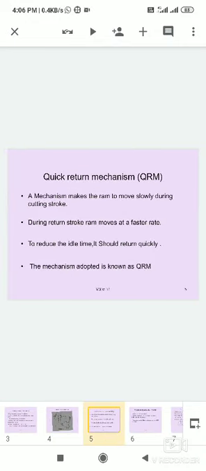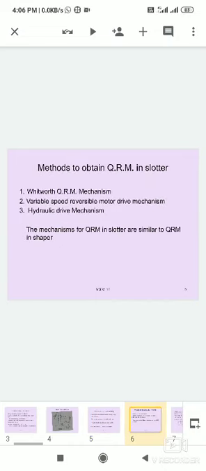In a quick return mechanism, the mechanism makes the ram move slowly during the cutting stroke. During the return stroke, the ram moves at a faster rate. To reduce the idle time, it should return quickly. The mechanism opted is known as the quick return mechanism.